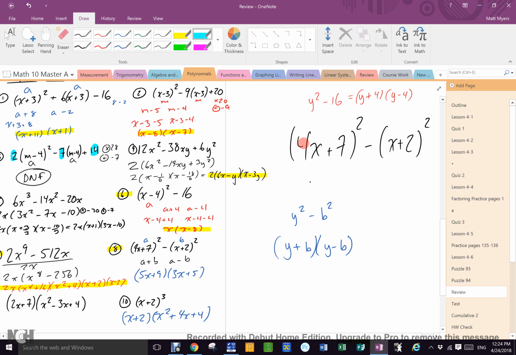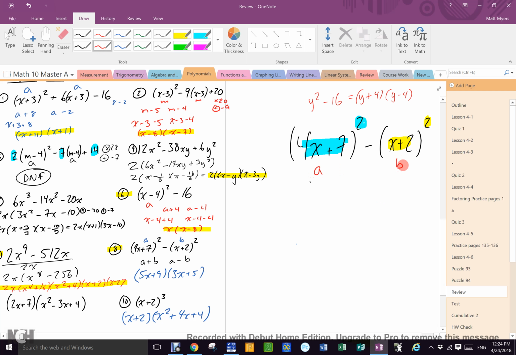Okay, look at this. Do I have something squared there? Did I have something squared there? Okay. Do I have something there? Is it squared? So isn't this the exact same as this? So one thing I can do is I can change this to a and b, right?